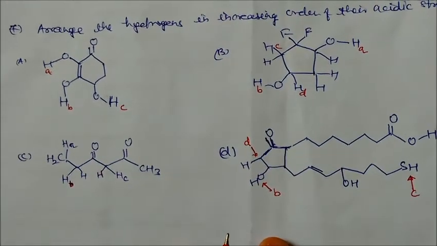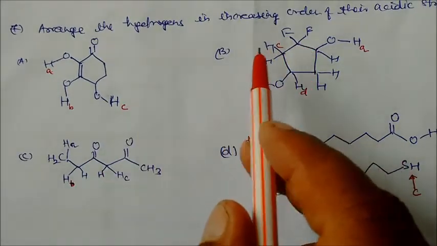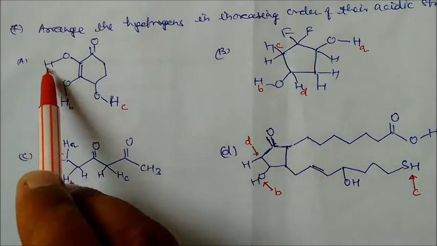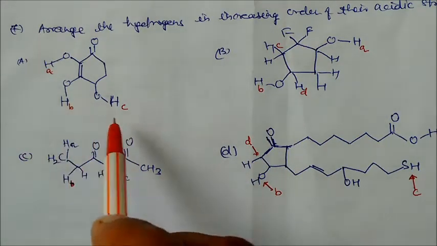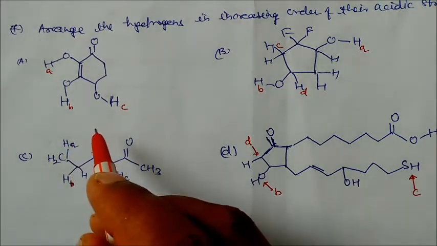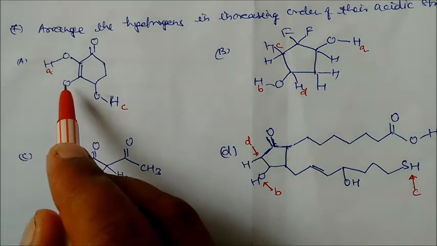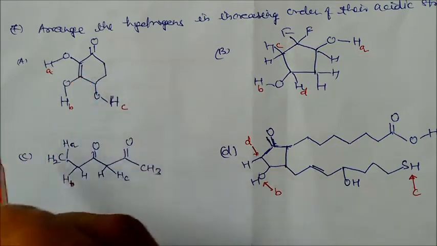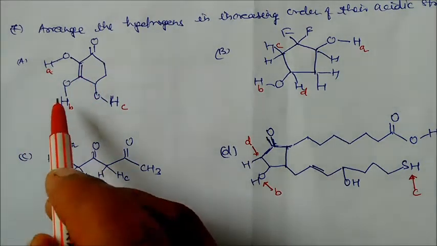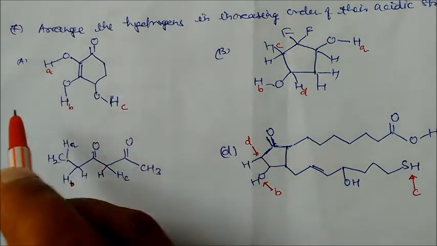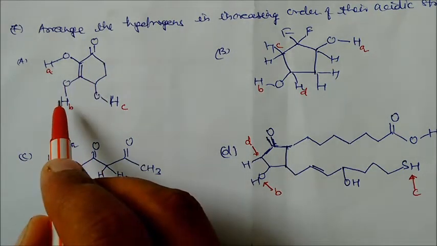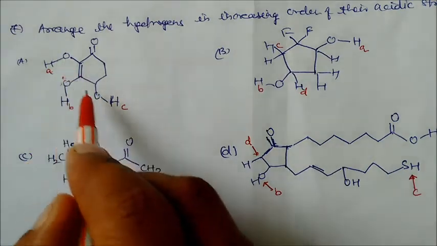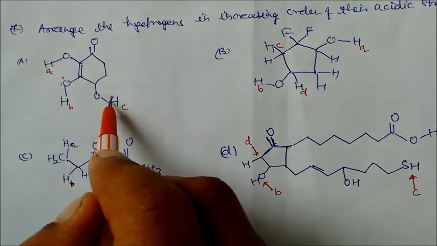Now here, arrange the hydrogens in increasing order of their acidic strength. These are the hydrogens A, B, and C. Which is more acidic? You can see here this oxygen is attached with this hydrogen, and a double bond is also there. Among A, B, C, here we have lone pairs present, so this can also conjugate, and here we have two OH groups, this side group and this side group.